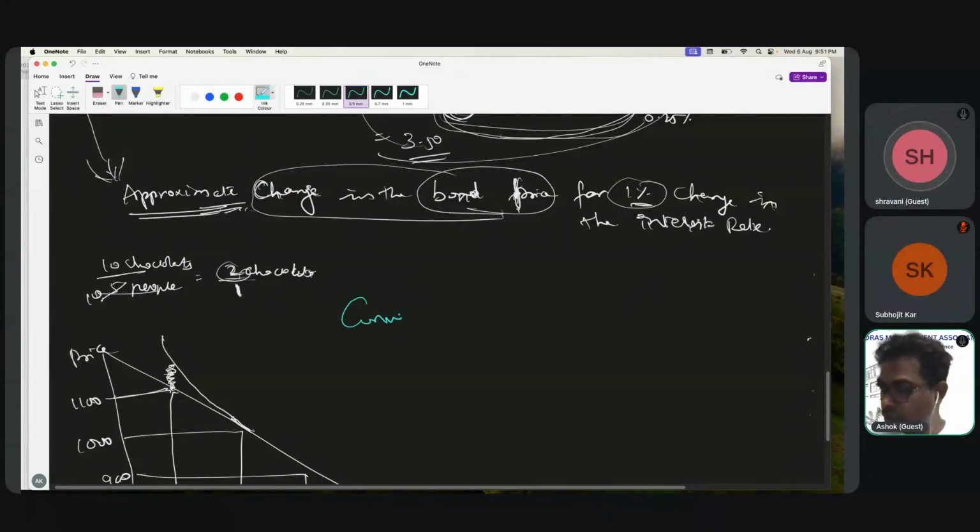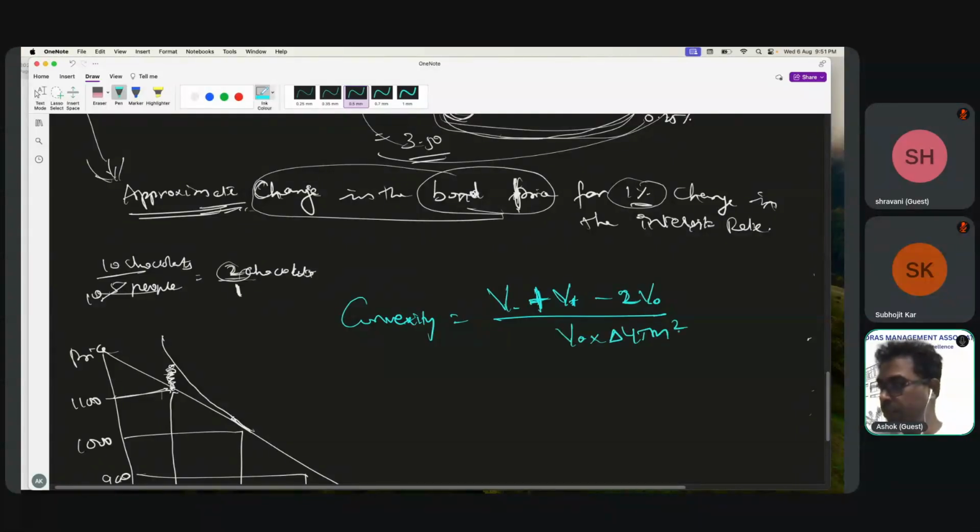Let me calculate convexity separately. Convexity is equal to V minus plus V plus minus 2V0, divided by V0 into delta YTM square.